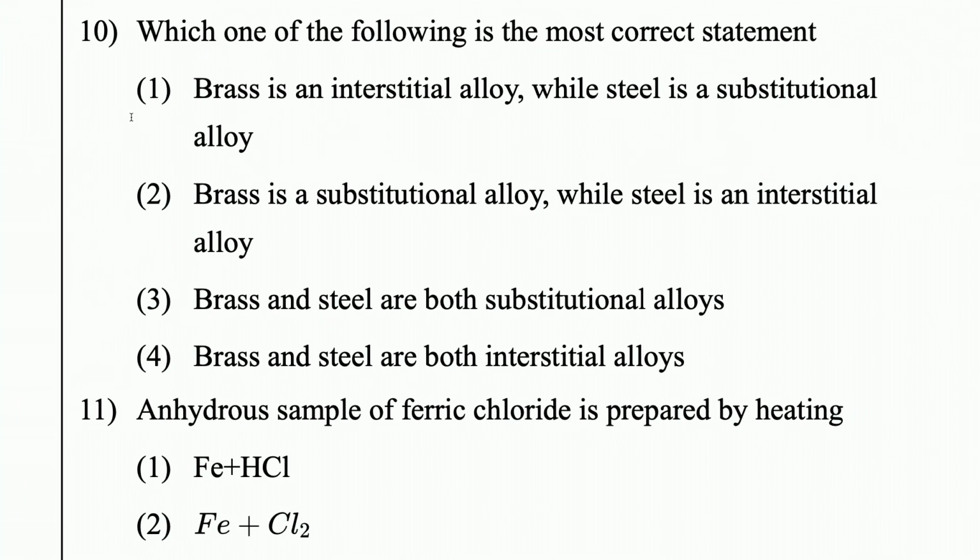Steel is a combination of iron plus carbon. Brass is copper plus zinc: copper is one metal, zinc is another metal, you add those two and you get brass. Steel is iron plus carbon, that is interstitial. Steel is an example of interstitial, on the other hand brass is an example of a substitutional alloy. So the second option is the right answer for question number 10.